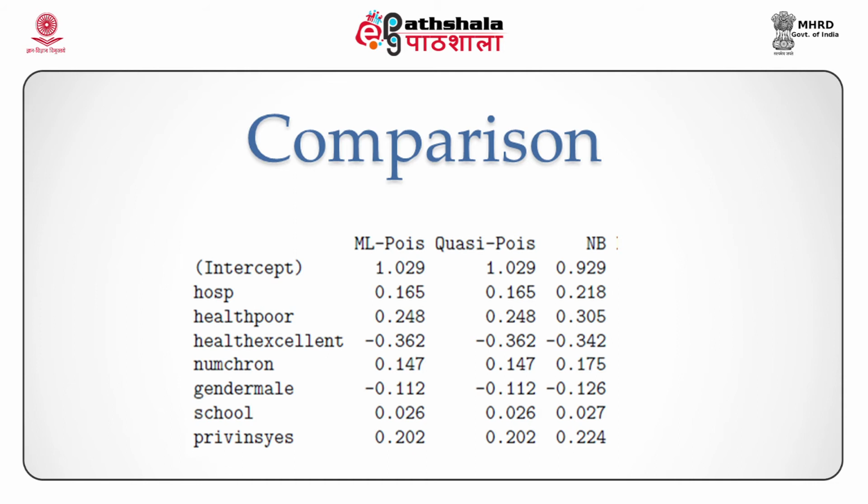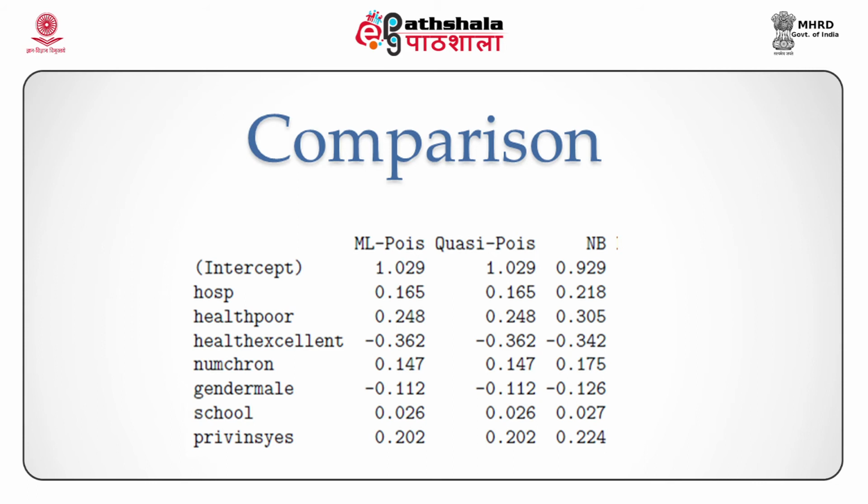Now recall from my previous slide that negative binomial regression also allows for overdispersion, except that it specifies a particular nature of the overdispersion. You can compare the coefficients and see that they generally tend to be similar. An interesting exercise for you is to compare the standard errors from each of these fits.